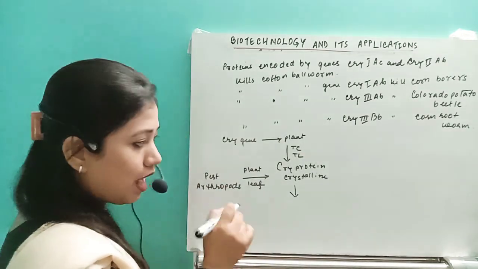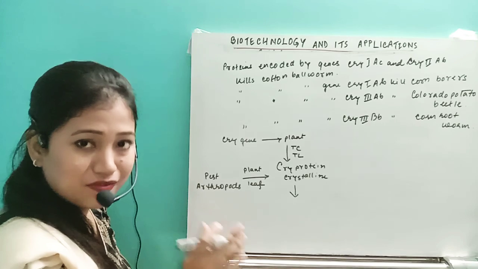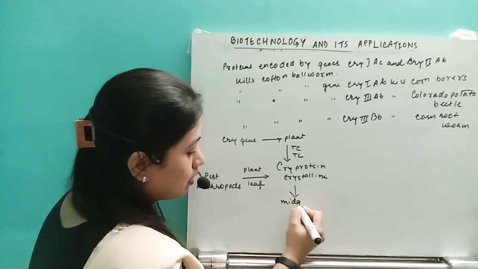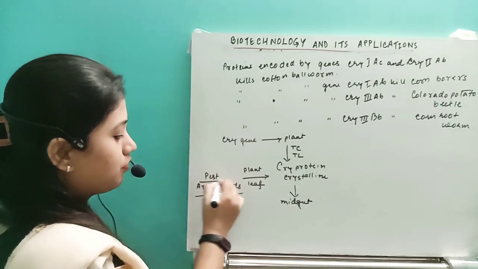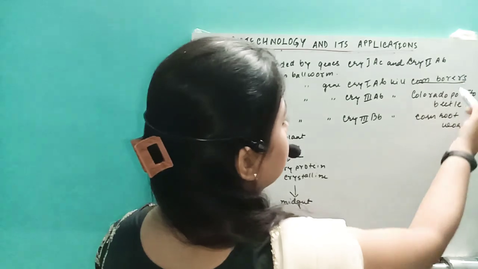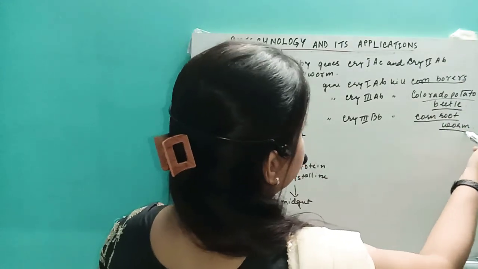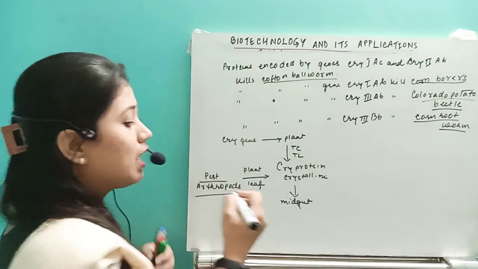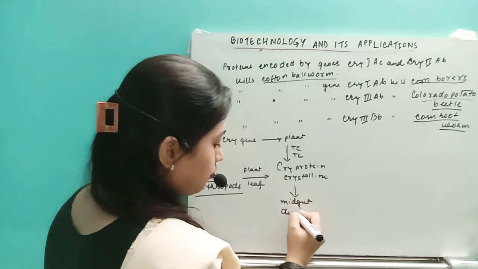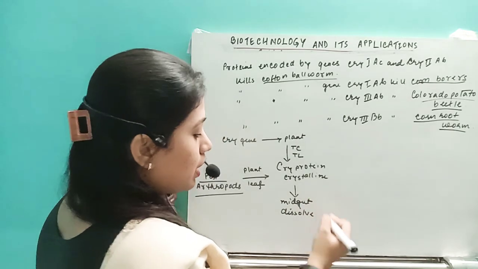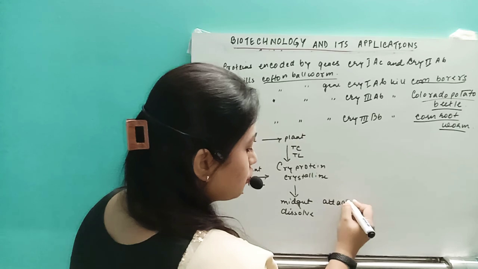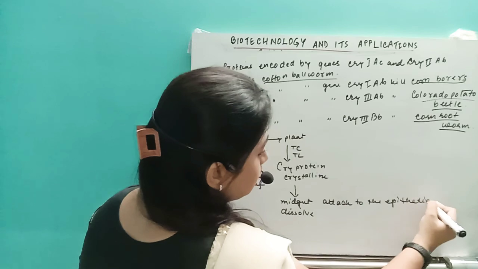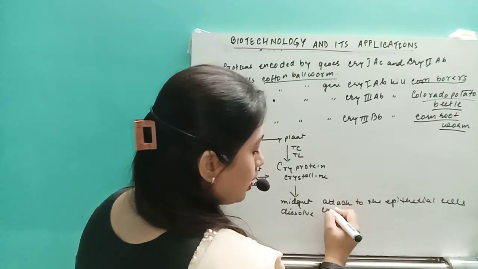This crystalline Cry protein, which is in the inactivated state, in the midgut of these different pests like the corn borer, Colorado beetle, corn rootworm, and cotton bollworm, starts to dissolve. So how will it dissolve? It will attach to the epithelial cells and create pores.